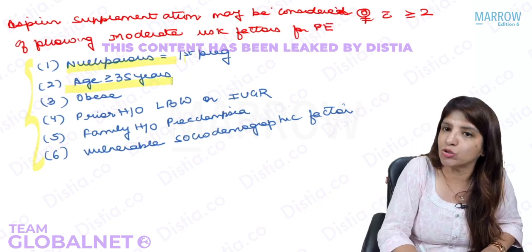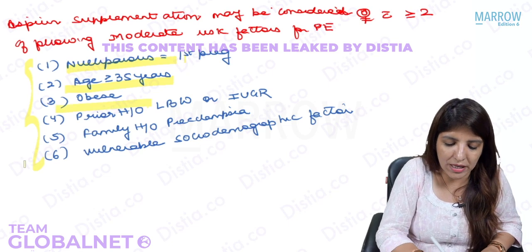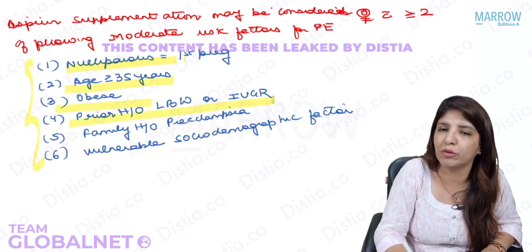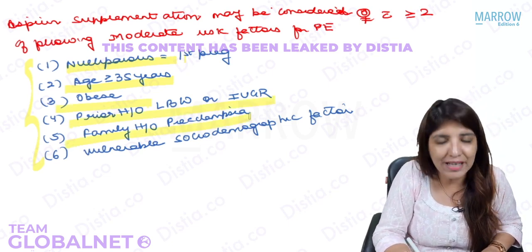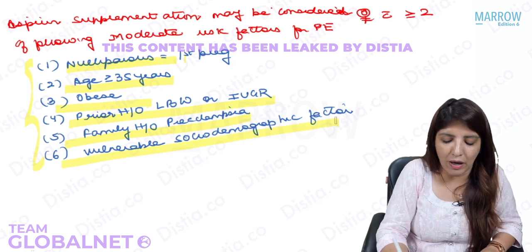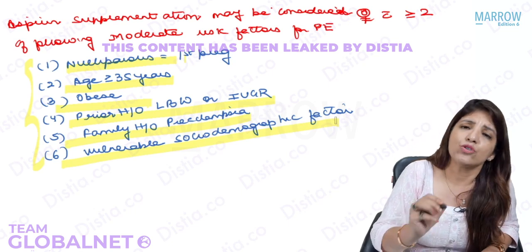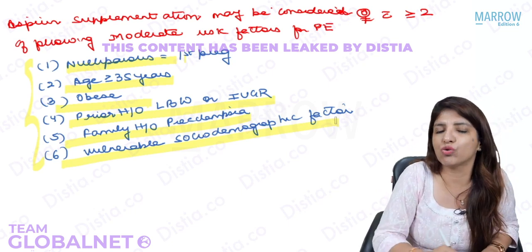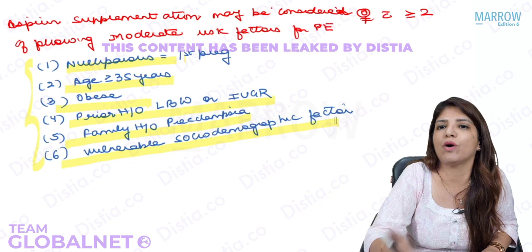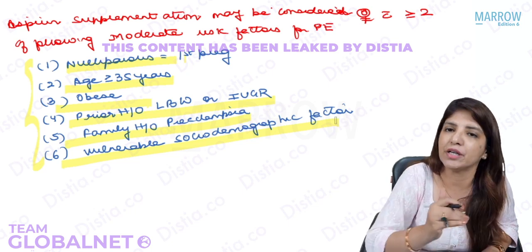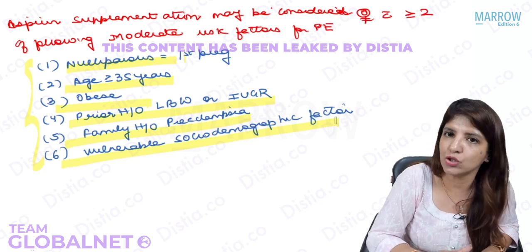Nulliparous female, age more than or equal to 35 years, obese female, prior history of low birth weight or IUGR, family history of preeclampsia, or vulnerable socio-demographic factors. So if any 2 or more of these are present, then you may start aspirin in them also. Clear to all of you?